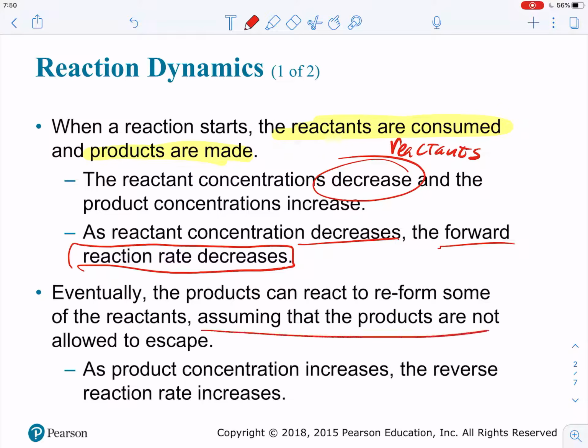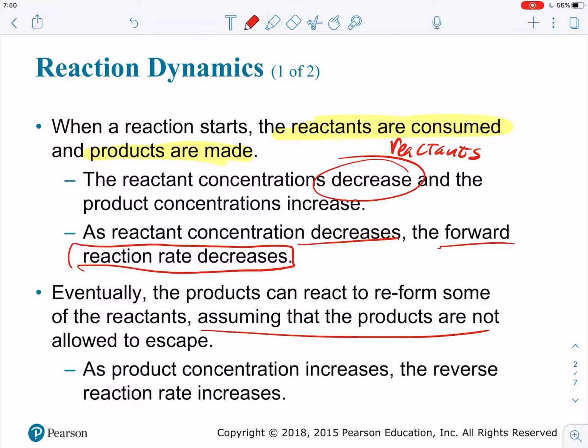Well, this assumes that you are not somehow removing the products before they have a chance to react. Okay, so if they are still in the container, let's say you have a sealed container, then the opportunity for the products to react and regenerate the reactants is possible.